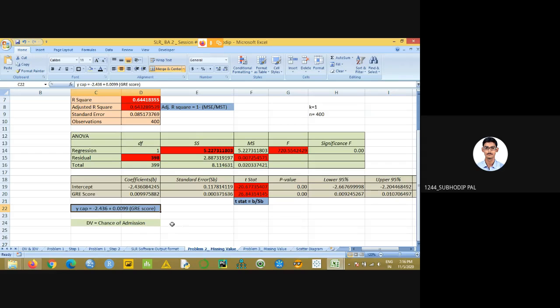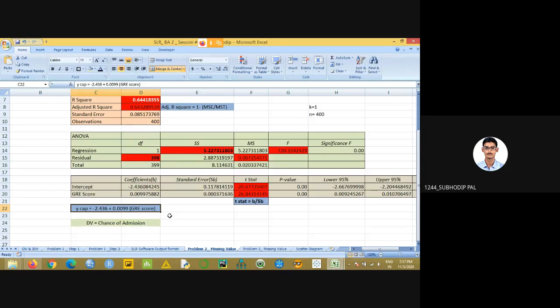As it is a simple linear regression, every time we will be interpreting with respect to the independent variable. If it's multiple linear regression and there are two independent variables, for example GRE score and the grade of the university, or the NIRF ranking, then every time we go through one independent variable.